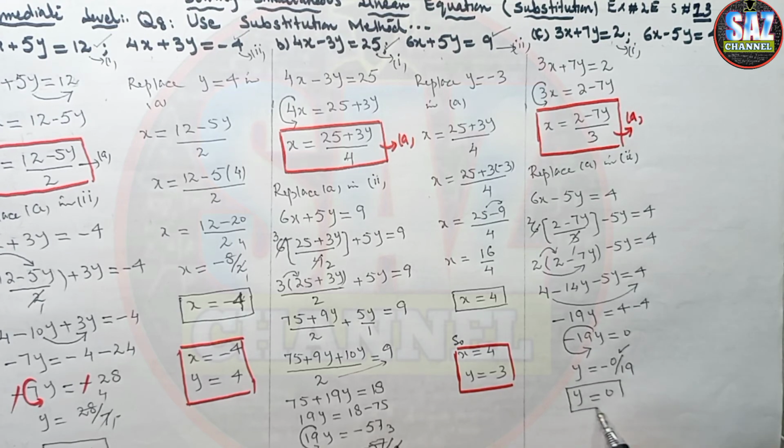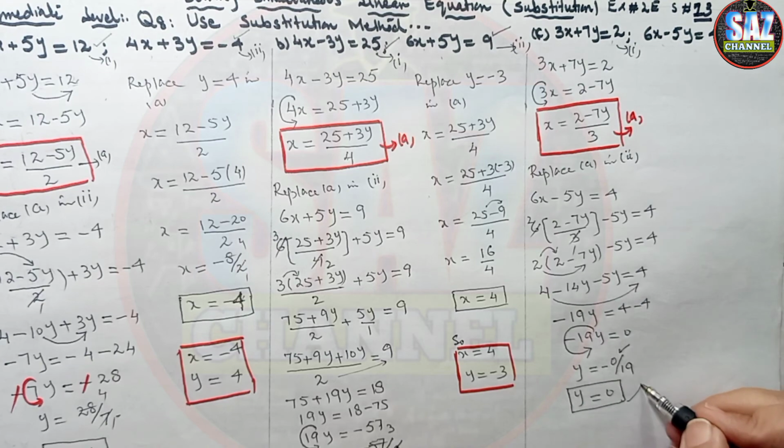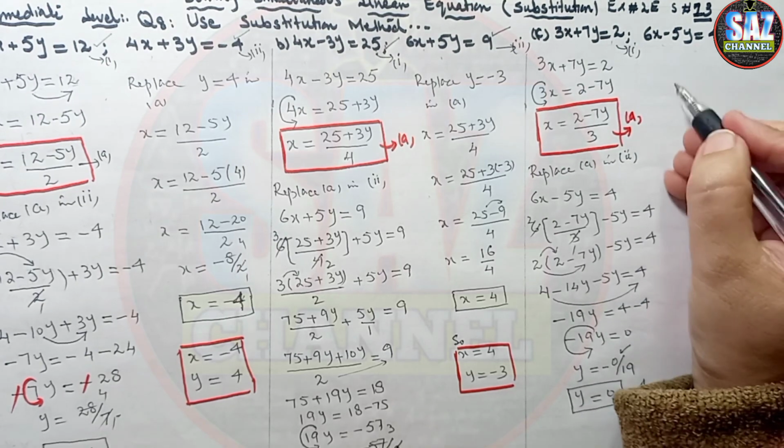This is the value of one of the variables of this question. Now in order to get the value of x, let me move to the top side of the page.